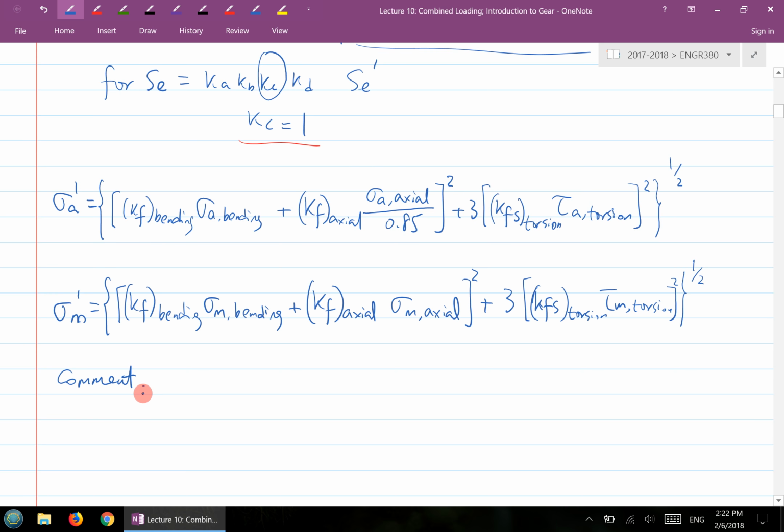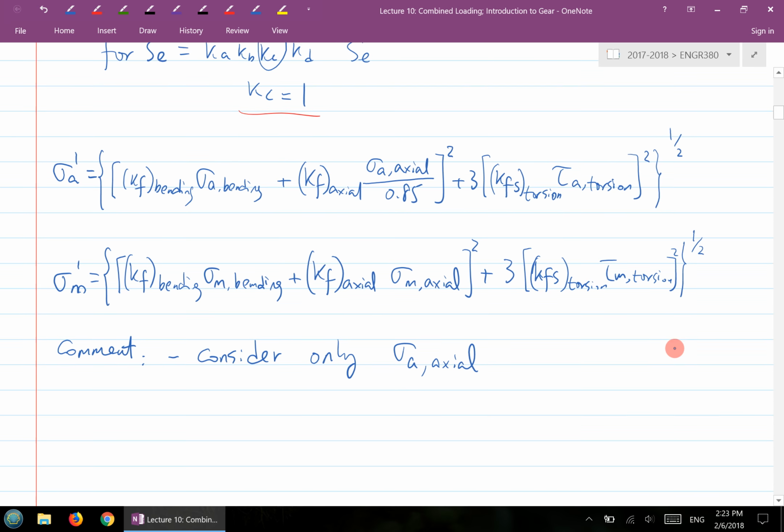We're talking about fairly general combined loading, but from this combined loading equation, let's consider the case where there's only axial. So consider only sigma A axial, nothing else, contributed by axial loading.